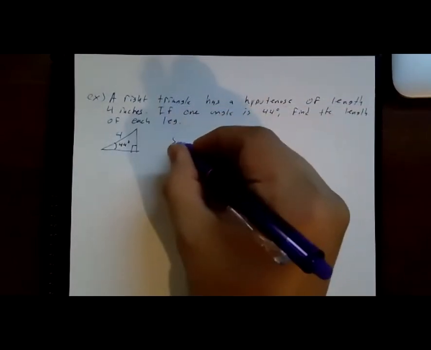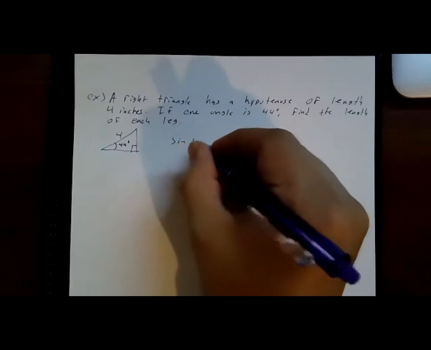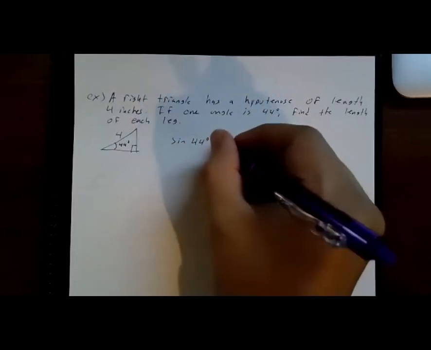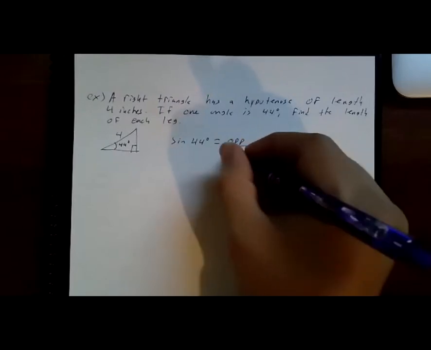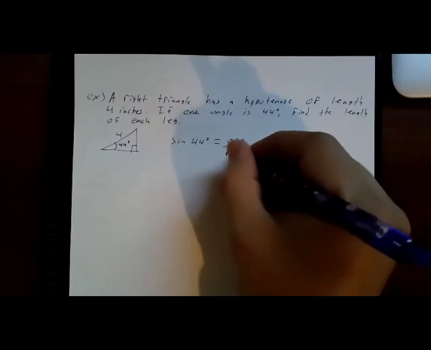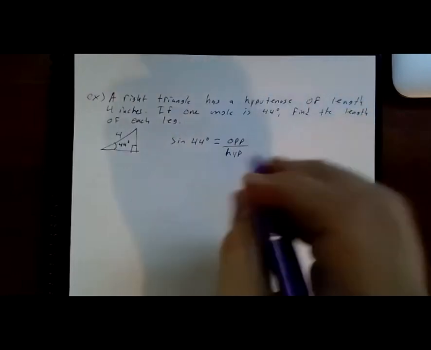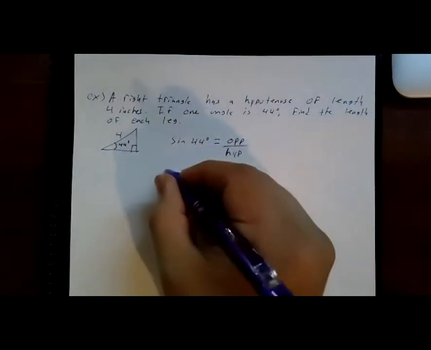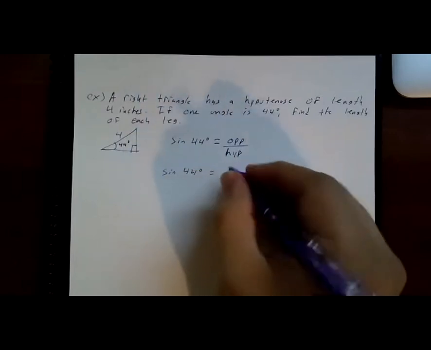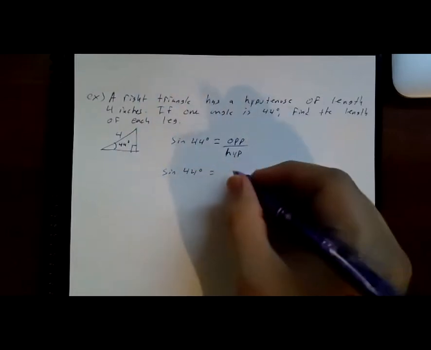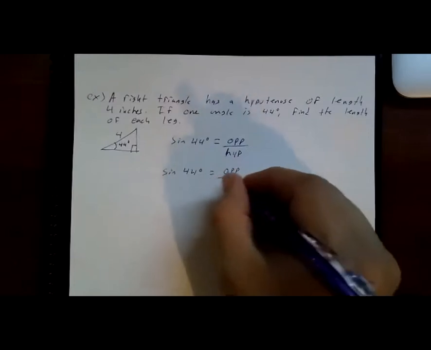So we do know that if I choose sine of 44 degrees, this is technically equal to the opposite side over the hypotenuse, right? So that means that sine 44 is equal to some side, I don't know what it is, over 4.